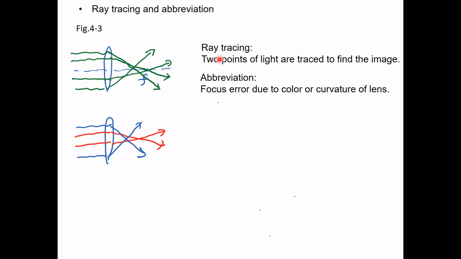So one is called ray tracing. As you can see, by using Snell's law, if you think about one portion of the light, every time it is reflected and refracted, bent, and in a homogeneous medium it just goes straight.